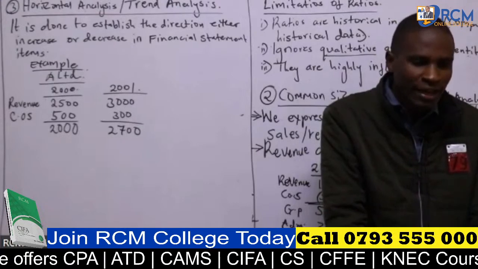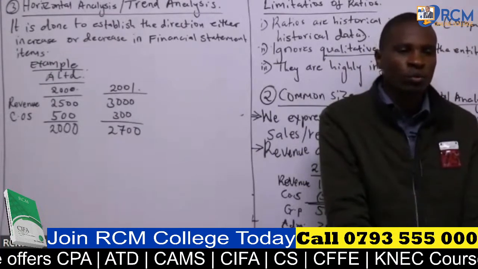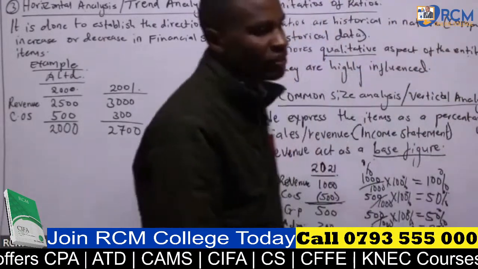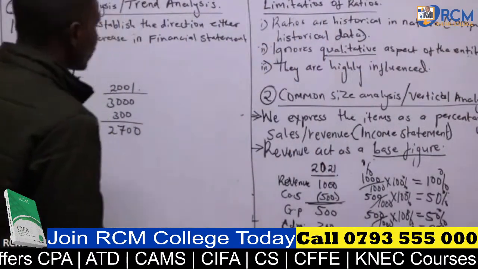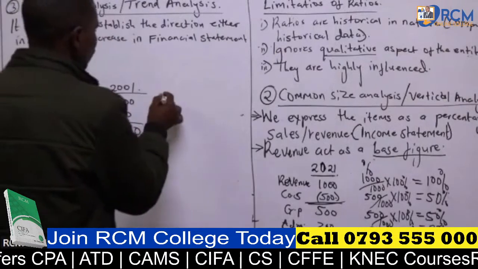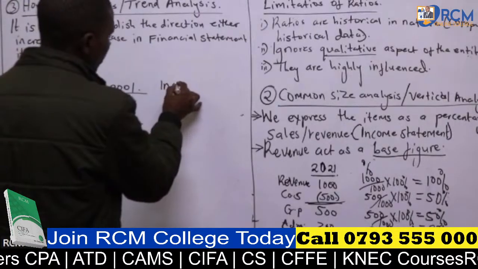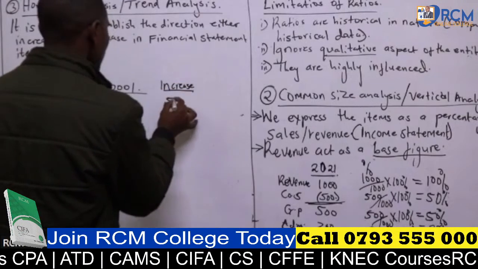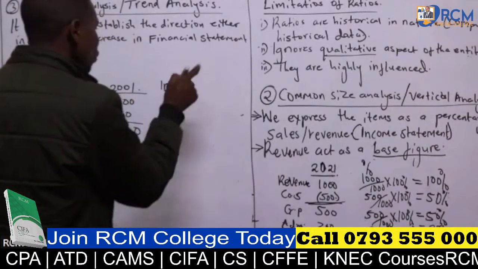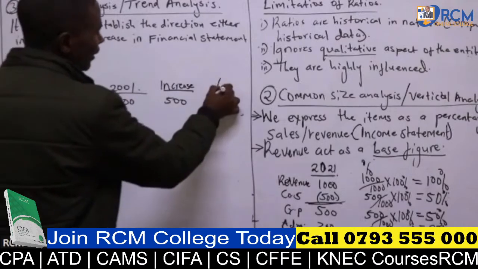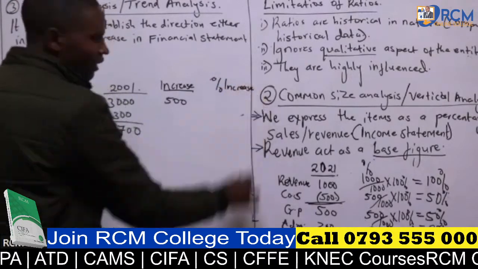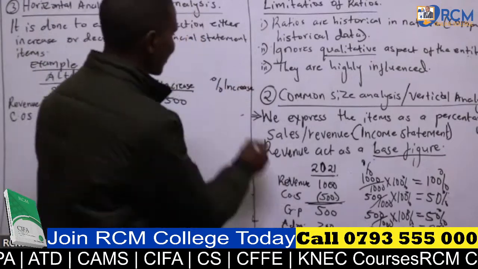What is the increased value? It is 3,000 minus 2,500. So there was an increase of how much? 500. This is the increase. What is the percentage increase? Can you compute for me?